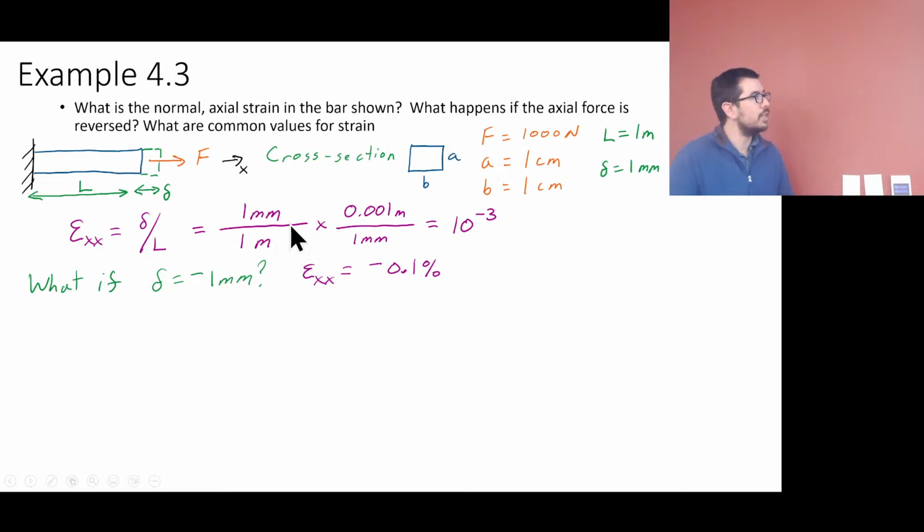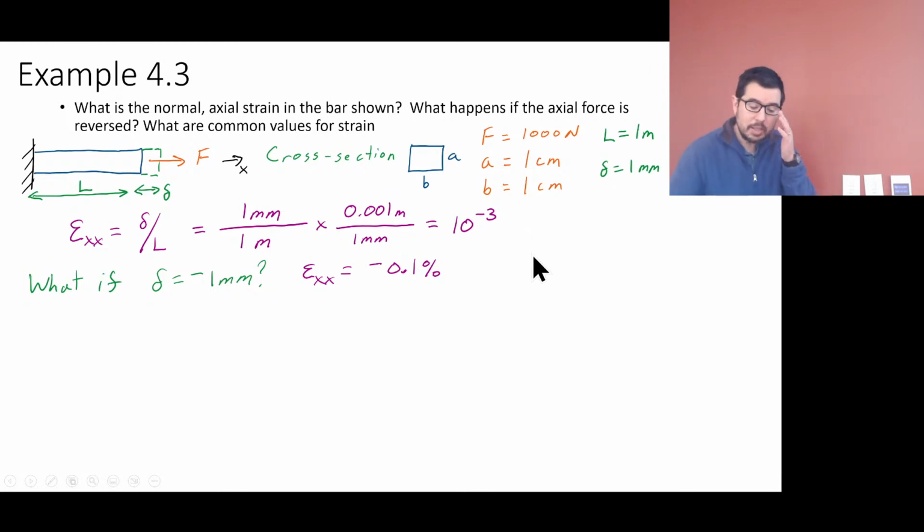You could decide that you want to do both in millimeters, that's fine, or you could decide you want to go to meters, which is not what I did. Either way, it's going to be fine, because they cancel this way or they cancel this way. You're going to get unitless in the end.